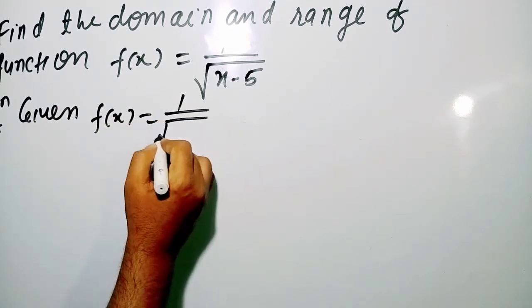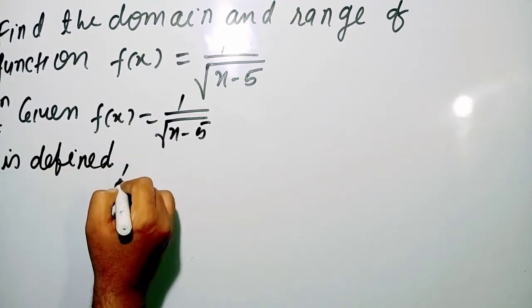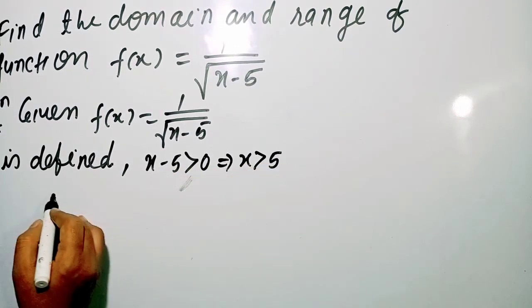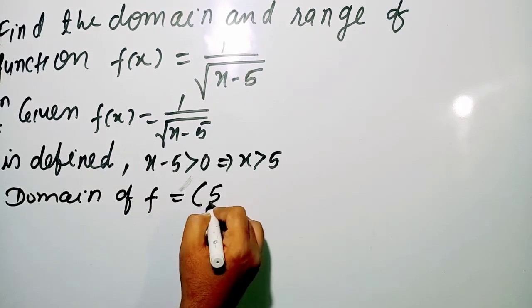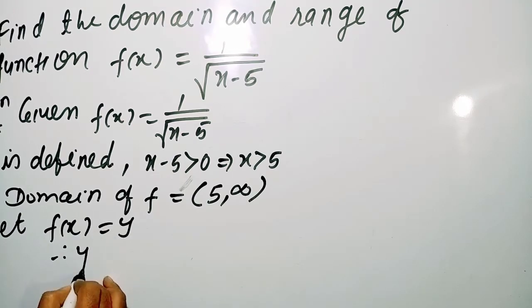So given that square root of x minus 5 is defined when x minus 5 is greater than 0, so x is greater than 5. So domain of this function will be what? Open interval 5 to infinity.